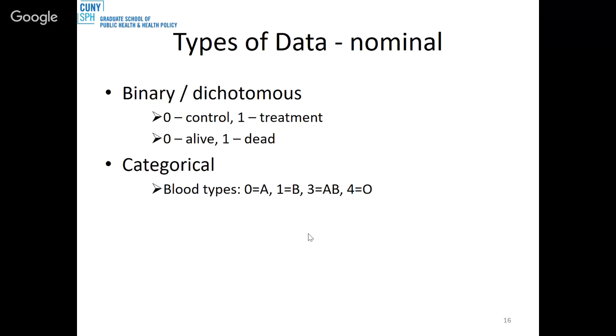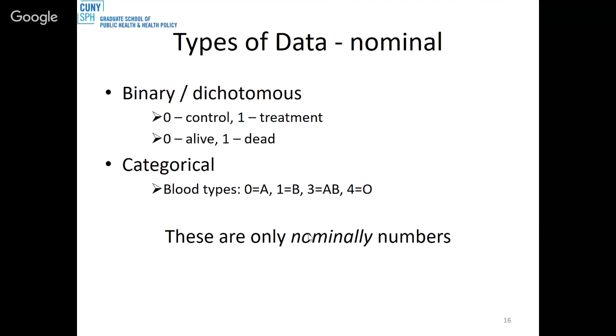They're just representations of something that is a qualitative variable. So if we do represent them as numbers, they're only nominally numbers. You can remember it that way.